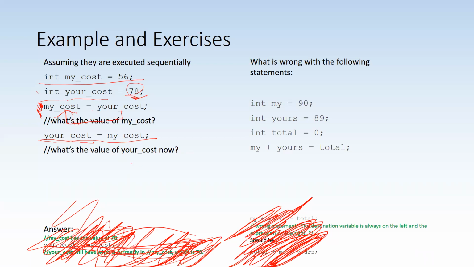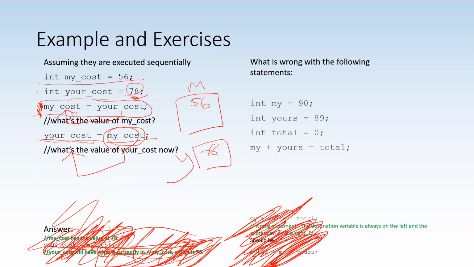Well, it got overridden in the top, didn't it? It says my cost equals your cost, so my cost is 78, so your cost equals my cost, so 78. Yes. So this is going to the variable name, my cost, and getting the value and assigning it. My cost originally is 56, and your cost originally is 78.